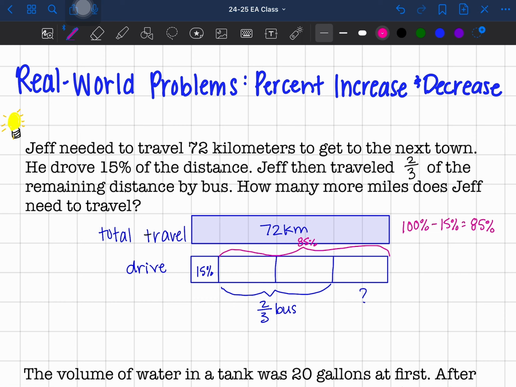He took 2/3 of that trip by bus, which means, how much does he have left? We do 1 minus 2/3, which is 1/3. So this is 1/3 that he has remaining. And it's 1/3 of 85%.